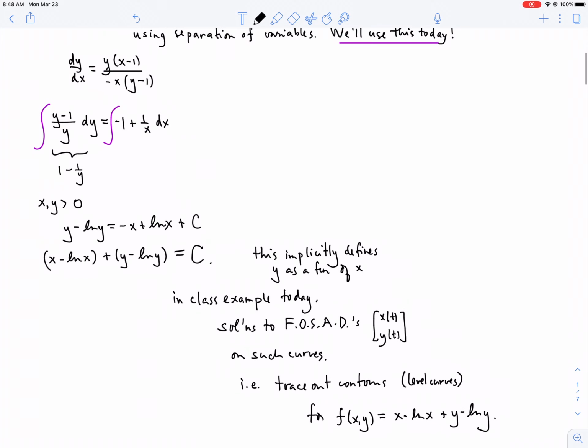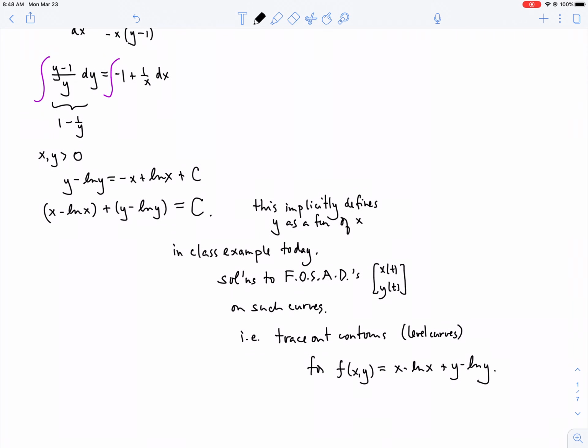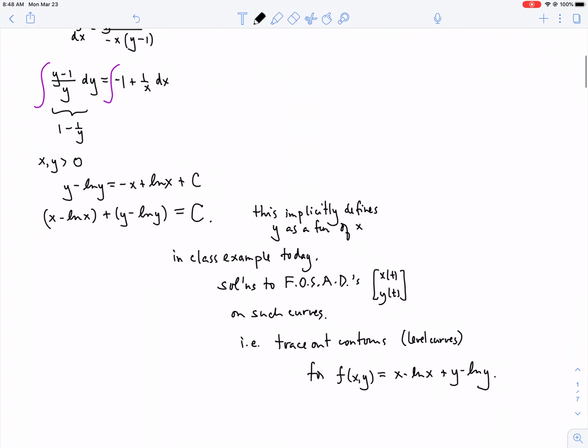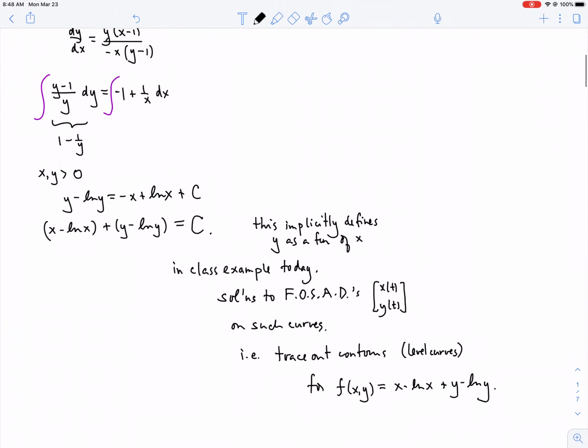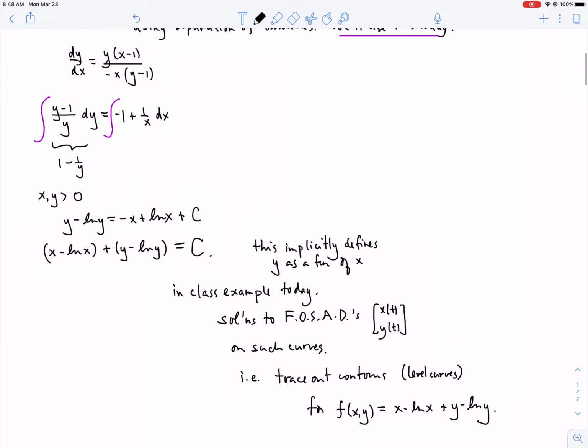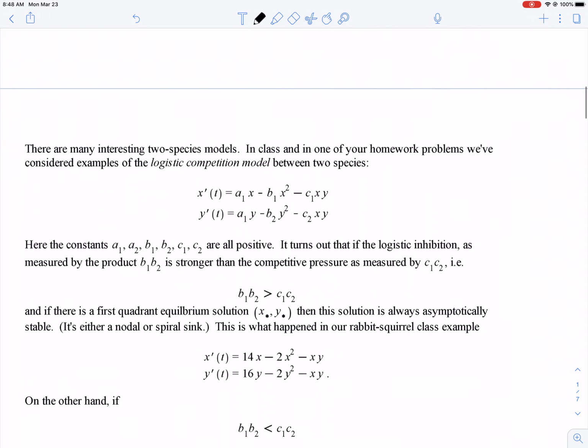And this will enable us to determine whether certain equilibrium points are stable or not when the linearization is in the borderline case. Okay, so let's see. That'll happen in the second example.